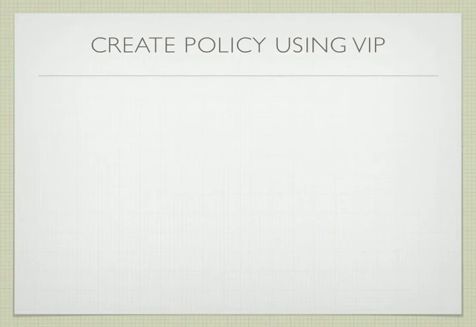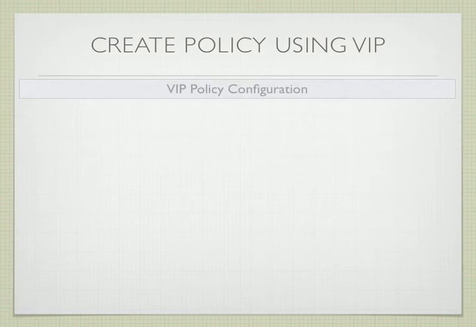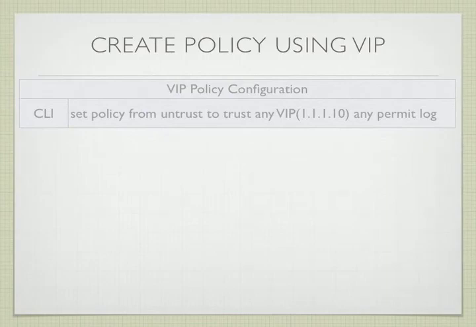So once the VIP is created, we're going to need a policy to allow the traffic. Otherwise, by default, all traffic is denied. So same policy command we've been using all along, and instead of an address object, we choose the VIP, and the VIP is in that format of VIP and the parentheses of the address that we created.